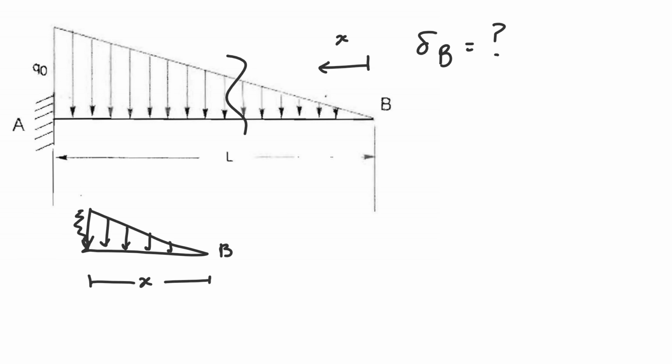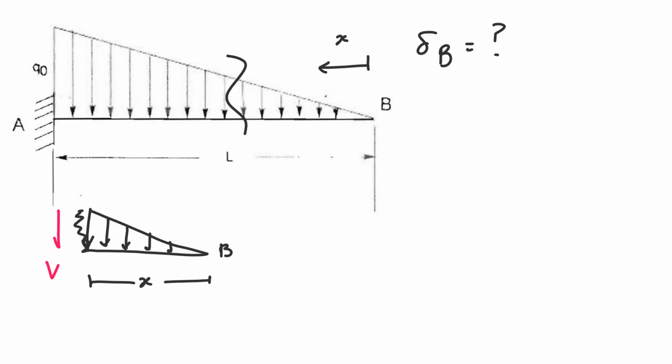So next thing we have to do, every time you make a cut, there's always two things that are going to be there. Actually, there's going to be three, but we're only going to focus on two. There's always going to be a shear force, which is going to look something like this.